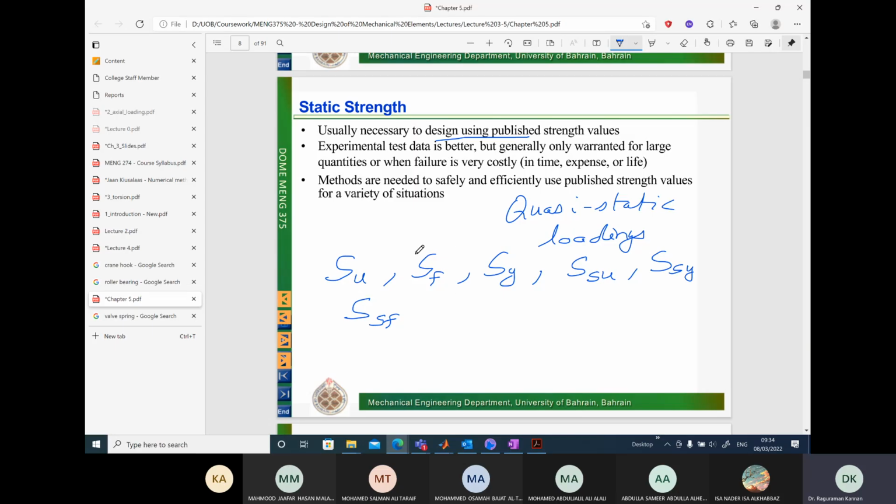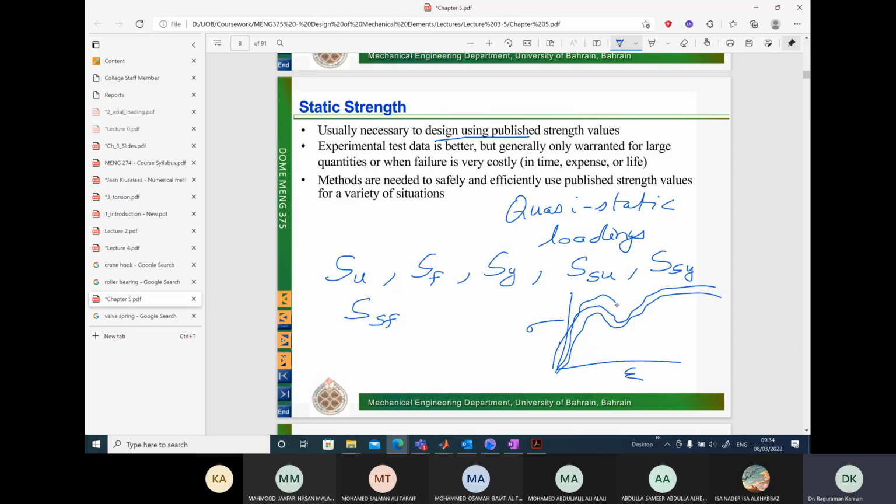And these experimental data are usually conducted for a lot of specimens, and you will have a range of data. If you plot normal stress versus strain for different steel specimens, you will have a range of data, not just a single value.